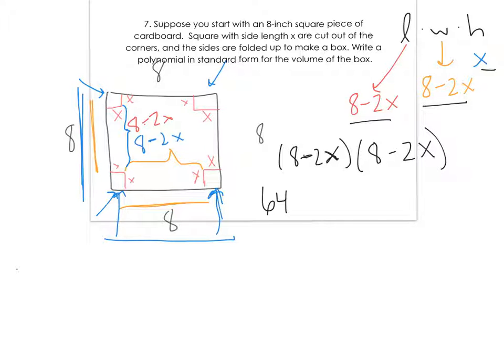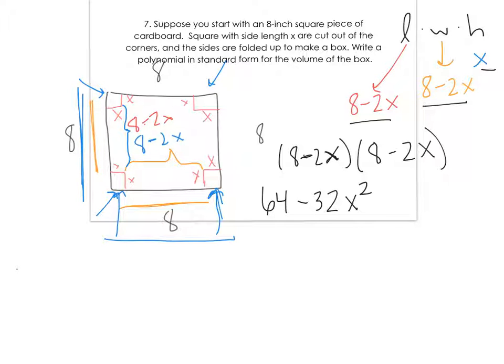For my middle term, I'm going to take 8 times my last term, negative 2x, times negative 2, and get negative 32x.